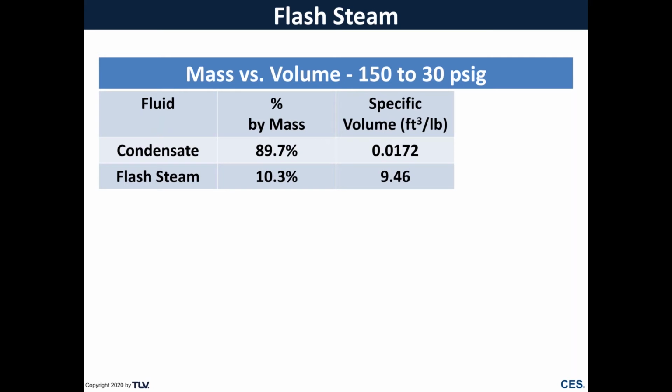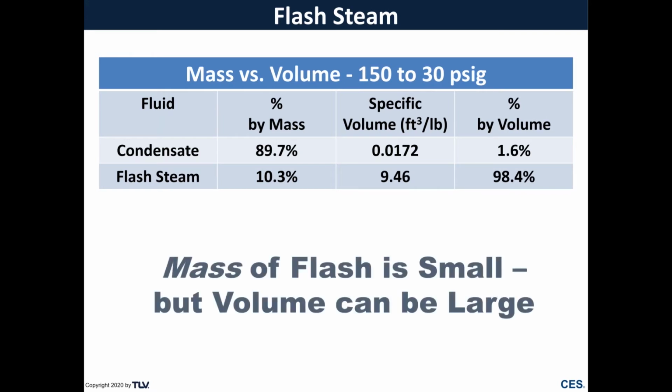Condensate is very dense, where flash steam has a very, very large volume. And by volume, only about 1.6% of the volume is actually condensate, whereas 98.4% of that volume is steam. So while the mass of the flash may be very small, it's the volume which can be very large, and something that we need to take into account.